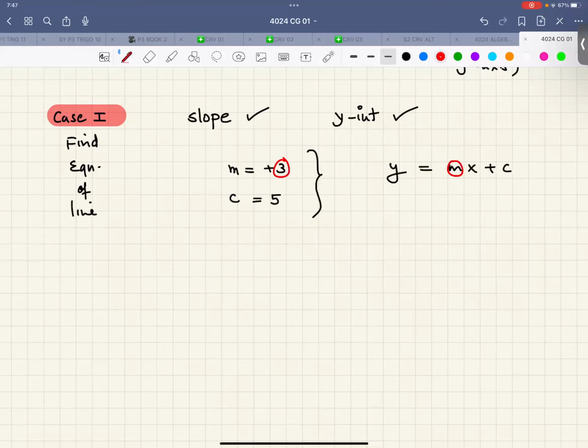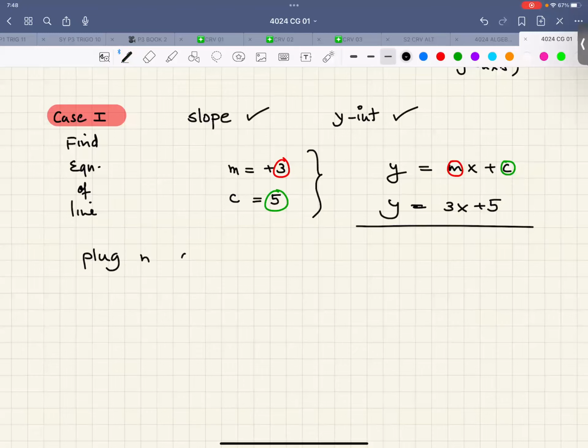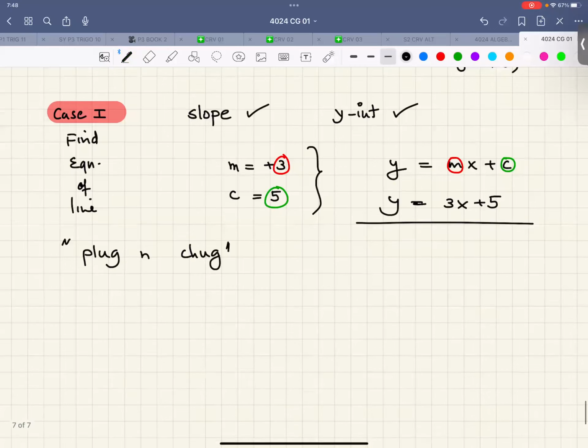This 3 goes over here, this 5 goes over here, and you simply write y equals 3x plus 5. You just plug and chug. This is case number 1.